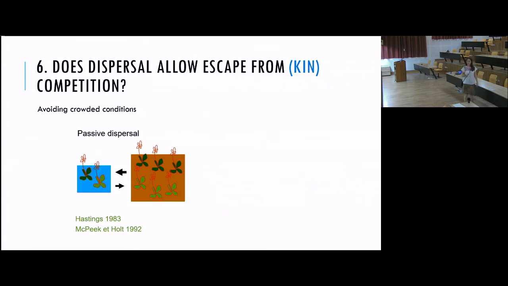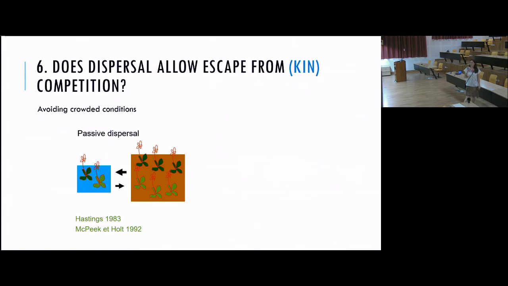So what they assumed is that you had patches of habitat where the plants could grow, for instance. And so you had some habitats with more resources and a higher density of plants, and bad patches with a lower carrying capacity, less resource, so fewer plants could grow in those patches.